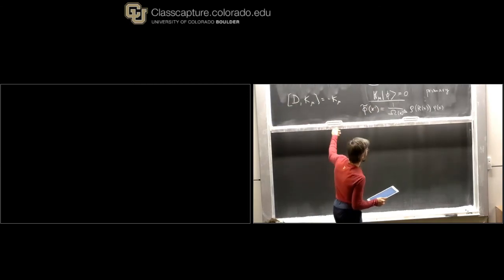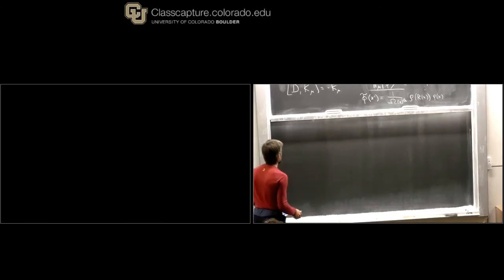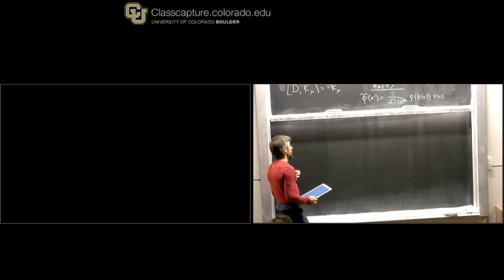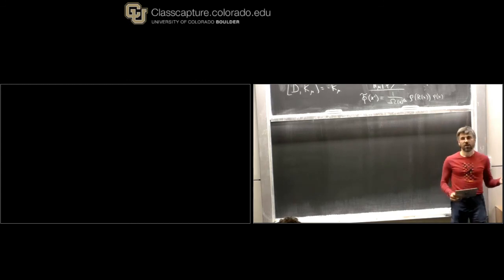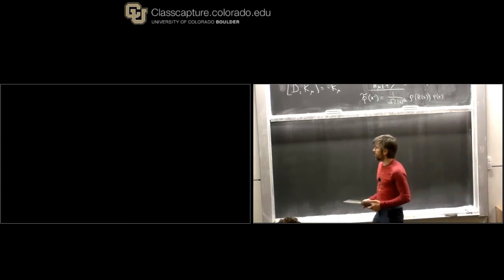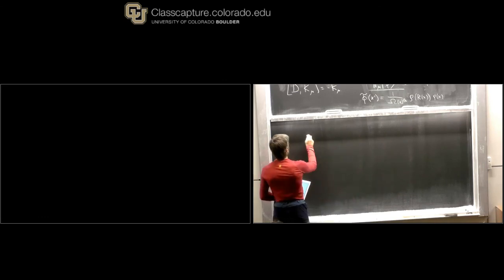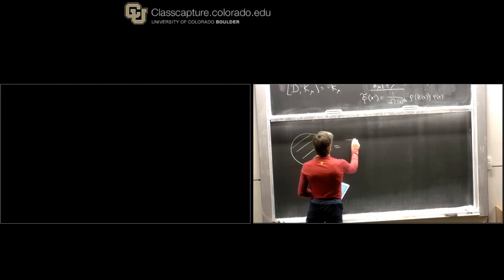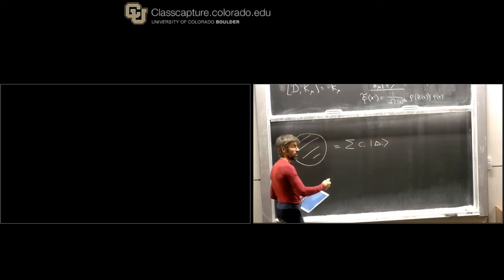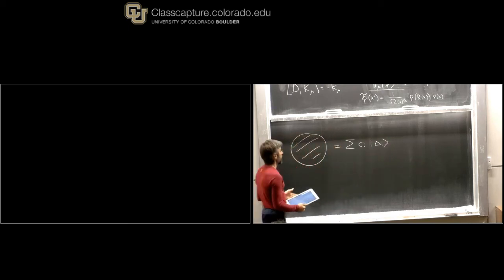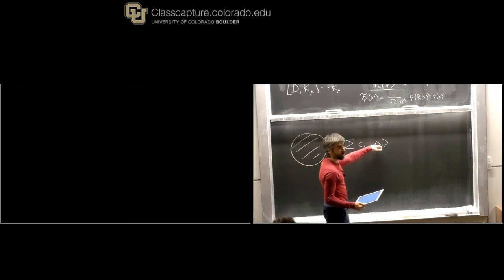Okay, so I'm almost out of time, but one last thing that I'm going to say is that in this language that we just introduced, the existence of the operator product expansion becomes a triviality, because what I just said is that any state living on a sphere can be expanded as a convergent sum, convergent in the sense of the norm in my Hilbert space, with some coefficients, as a sum of local operators with certain dimensions delta_i living at the origin.